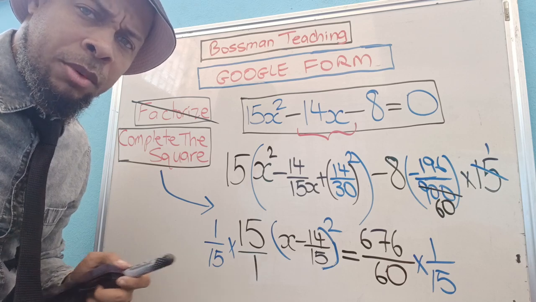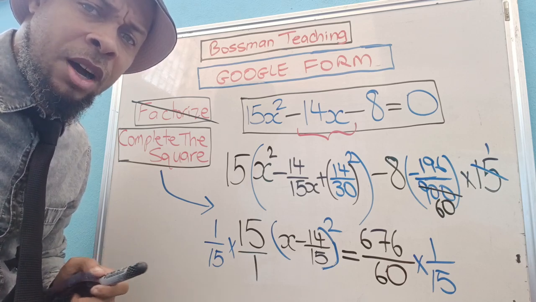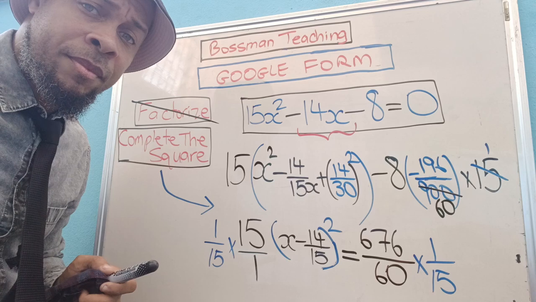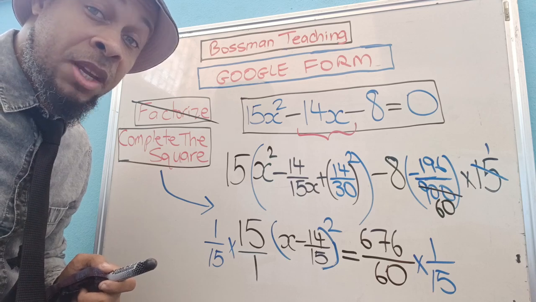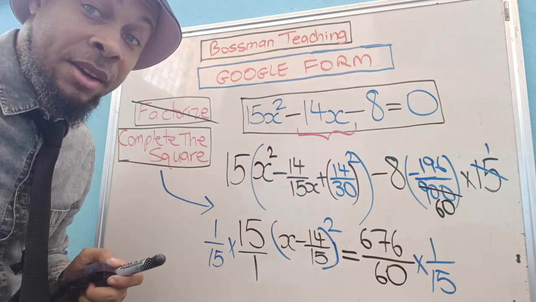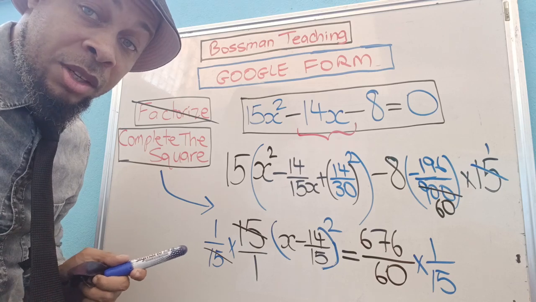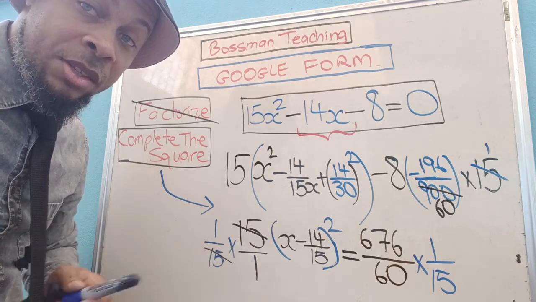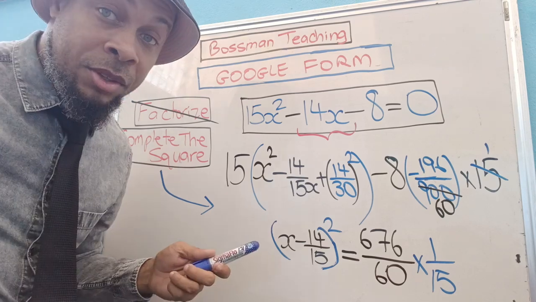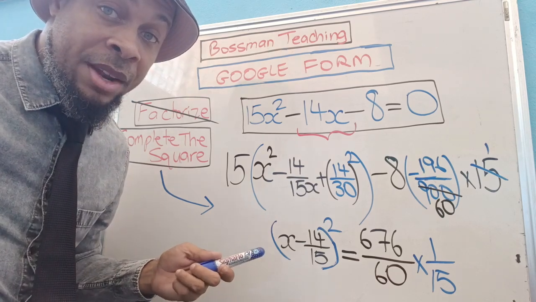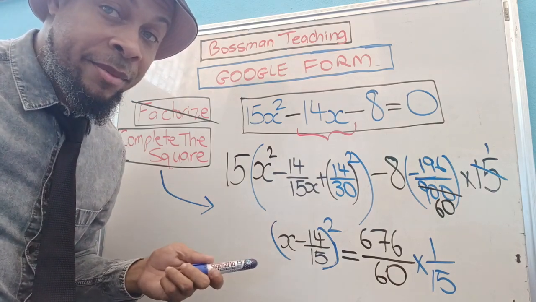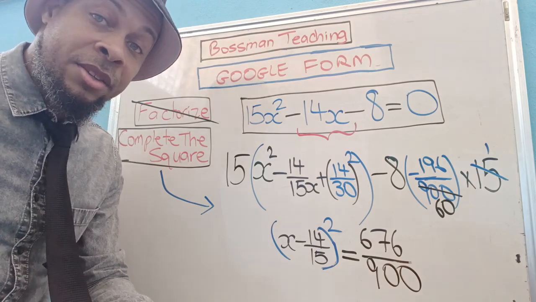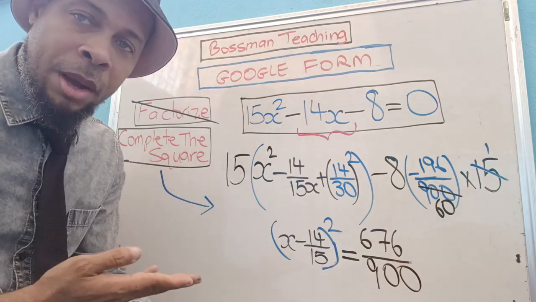So just to put some context to all of this, let's see what this is going to look like. First it looks like this. So 15 over 1 times 1 over 15. 1 times this will leave you with just this. And then over on that side, there we have it. And now we're in a better place.